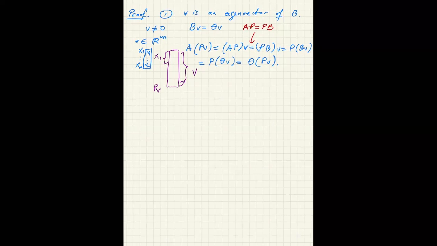Then the entries of PV there are going to be V1, V1, V1. In some sense, this is what I mean by lifting. You have this small matrix B, which is m by m, and a vector of dimension m with entries V1, V2, Vm.